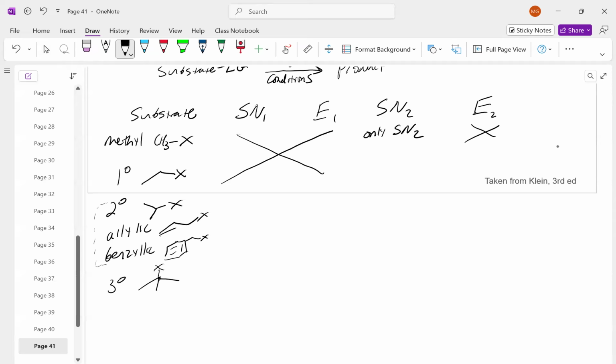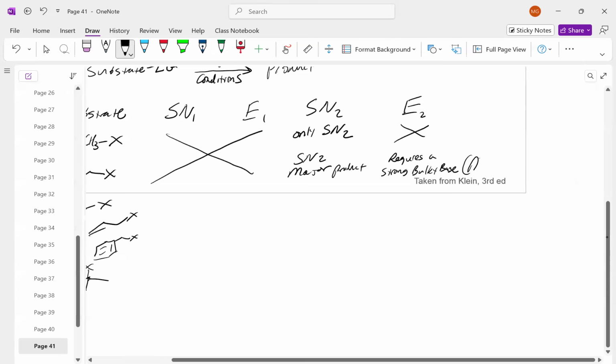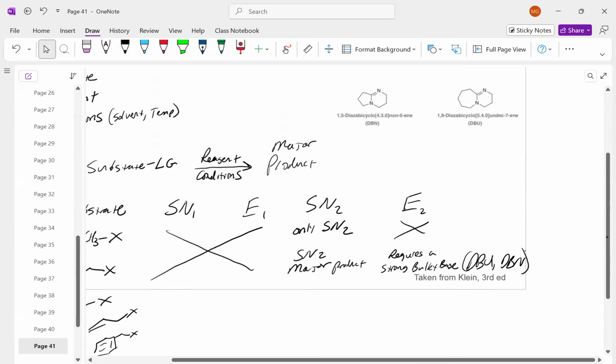Now with primary, under most conditions, SN2 is the major product. And there are very unique conditions in which you'll be able to get E2 to occur. That requires a strong, bulky base. The two that I want you to remember, I just use their acronyms. They're called DBU or DBN, and that's what these are up here.